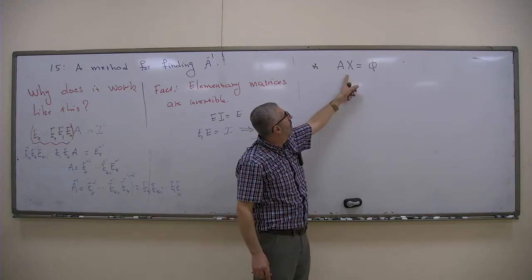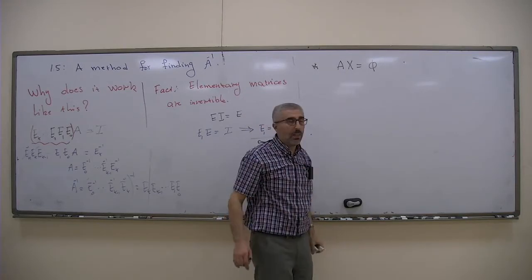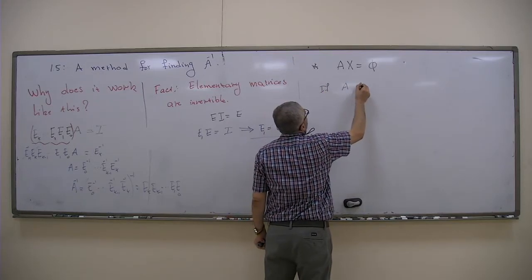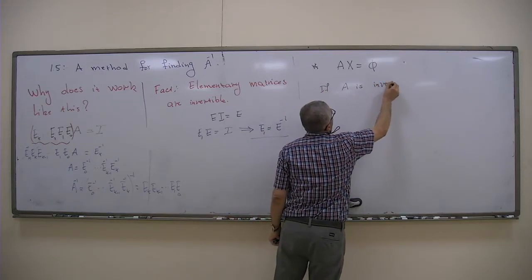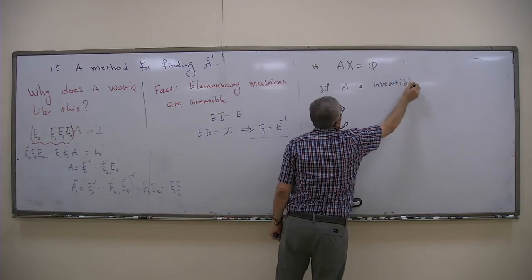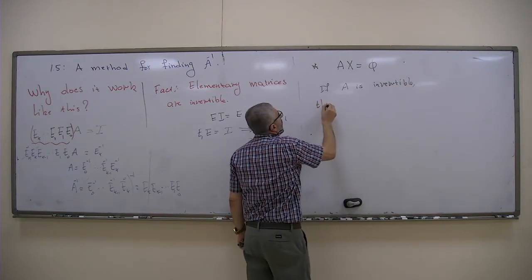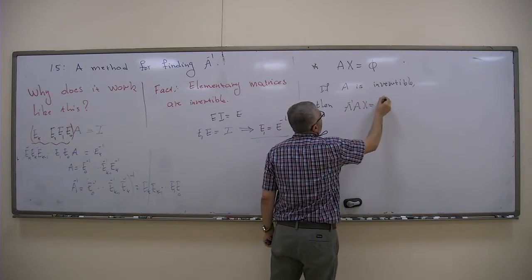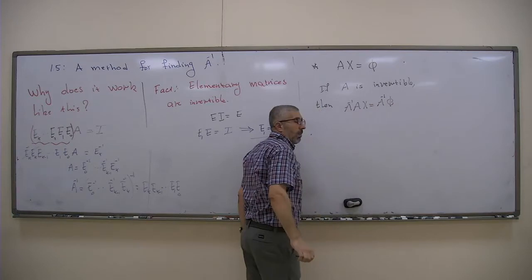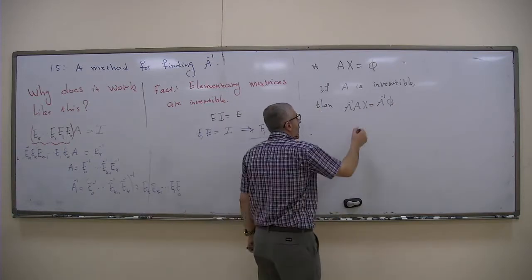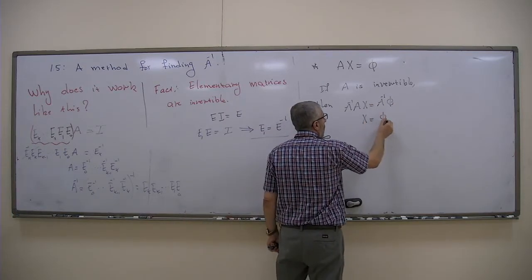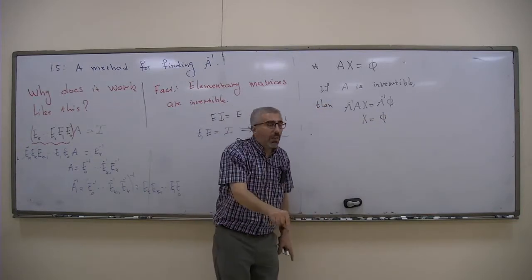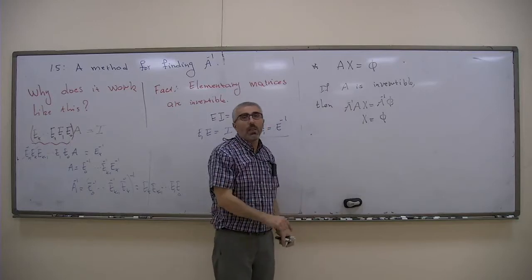Now, if your coefficient matrix is invertible, if A is invertible, then what? Then A inverse AX is going to be A inverse multiplied by the zero matrix, and that means X equals the zero matrix. So if your matrix is invertible, it means the trivial solution is a unique solution.